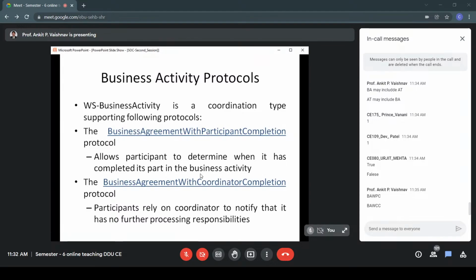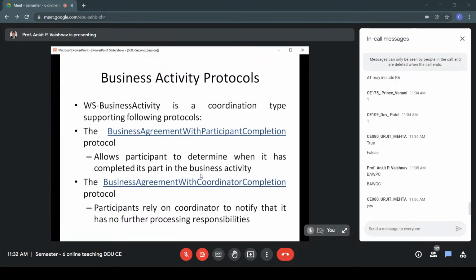The participant has more rights, okay? But with business agreement with coordinator completion, you are dependent on the coordinator to inform you that your task is done and you can leave. Is the difference clear? BAWPC versus BAWCC, right?